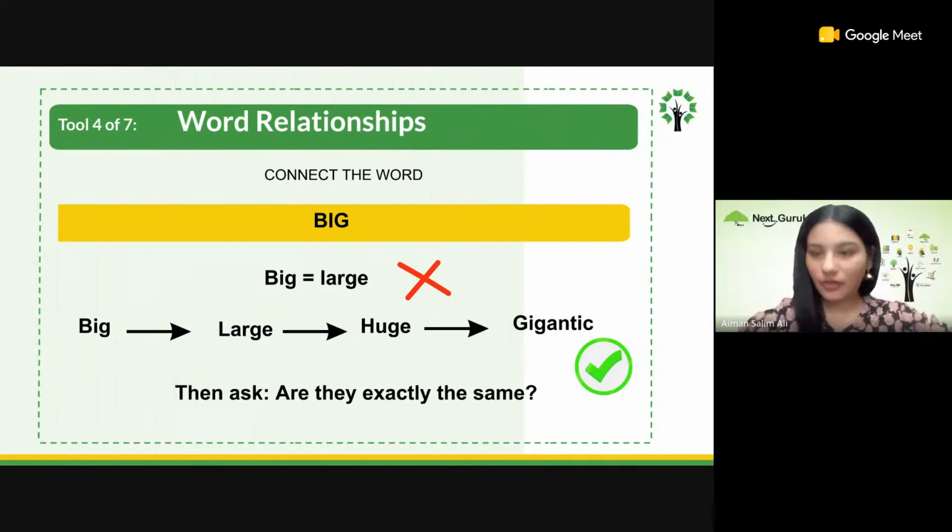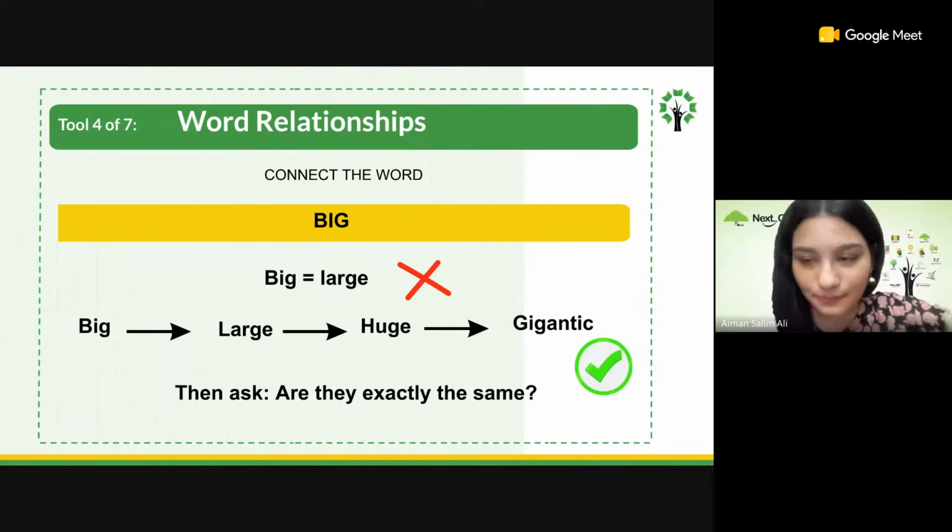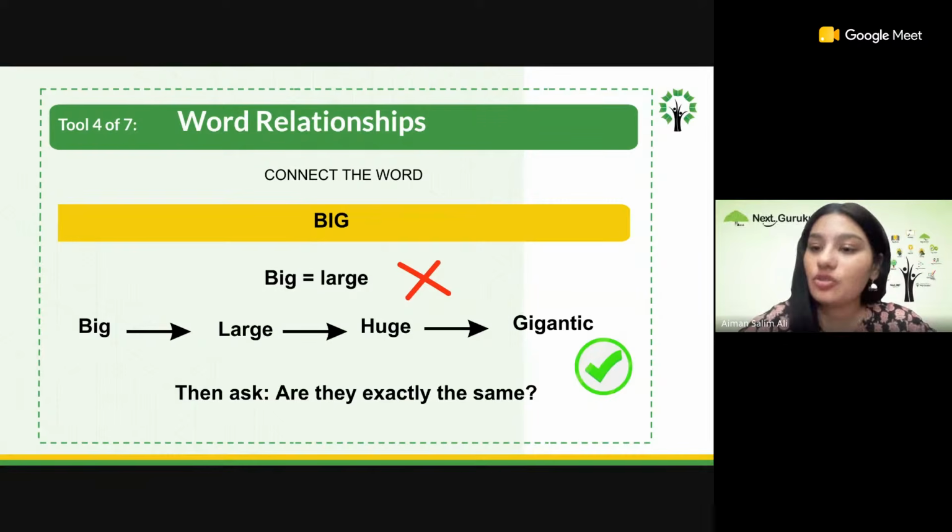Now, pause for a second. I'm going to pause for 10 seconds. I want you to look at the screen and understand what we are doing here. The purpose of this strategy is not for our students to learn about synonyms. The purpose of this strategy is to understand the nuances of these different words and how they are different from each other.